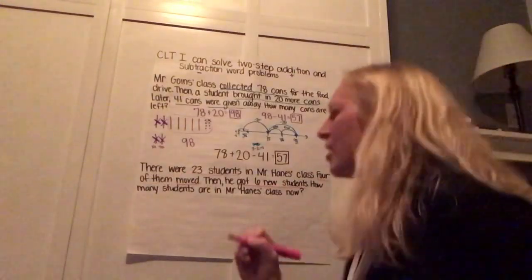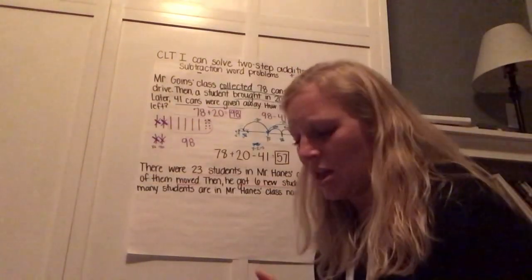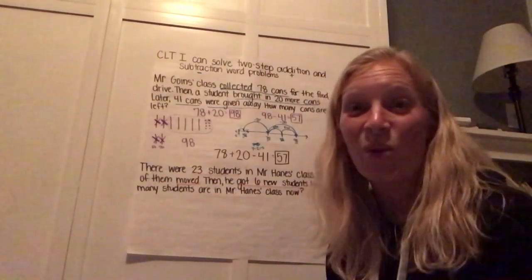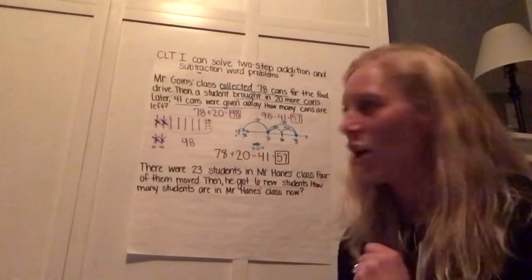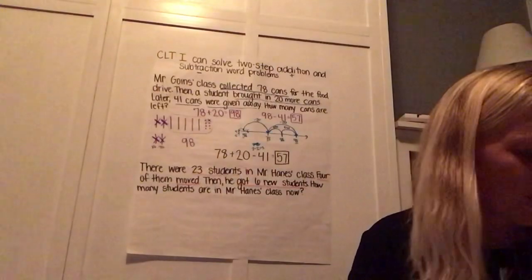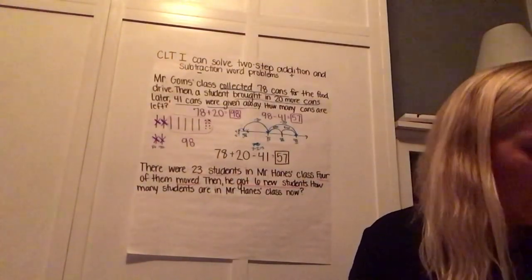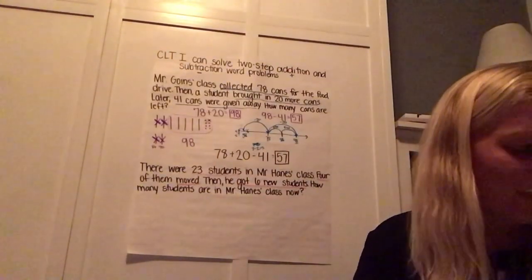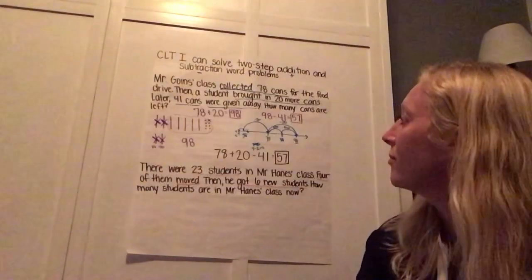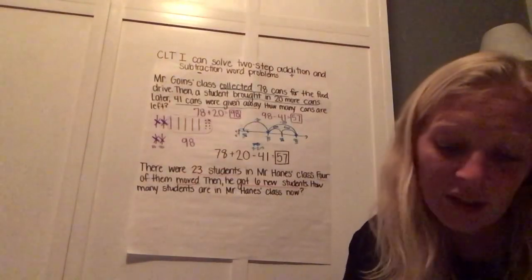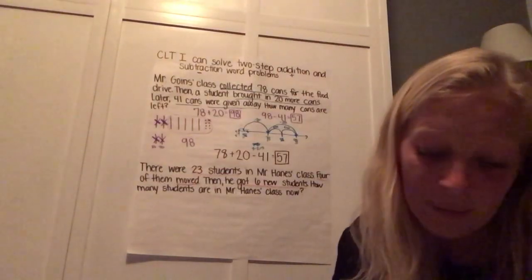Ooh, so think about this. What do we know? And what are we going to do first? Are you going to do the number line again, or are you going to do a different model? Ooh, what would that look like if you were going to use that model?